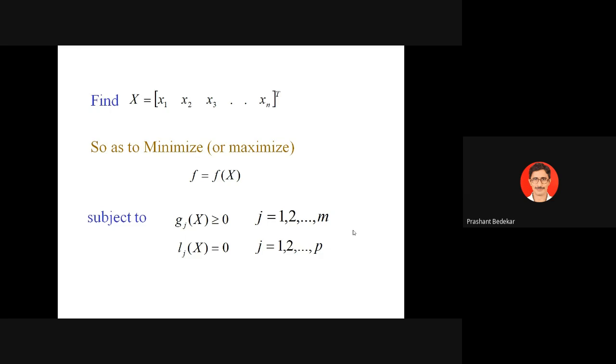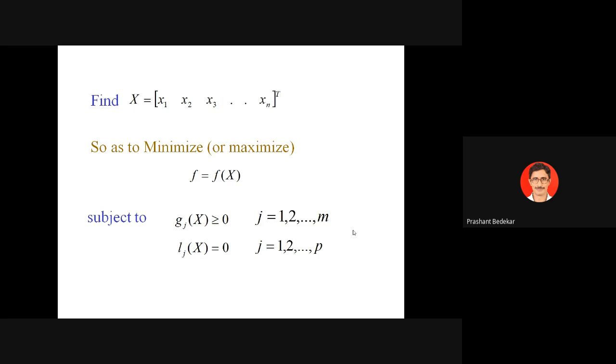Subject to gj(x) greater than equal to 0. Greater than equal to 0 is actually the symbolic representation of an inequality constraint. It is not necessary that all the time we should have greater than equal to 0. We can have less than equal to type of constraints also.